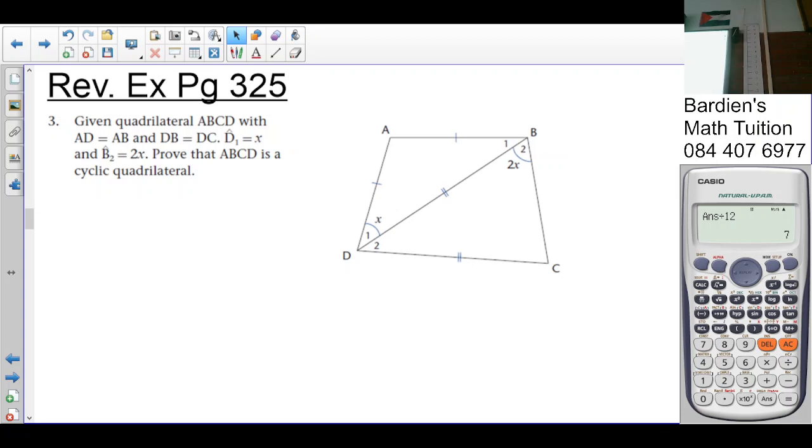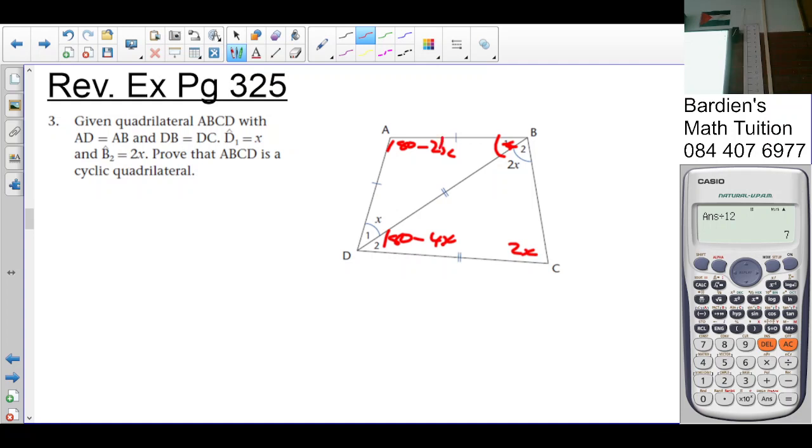AD is equal to AB, which means this is an x here. Then we are told that those two lengths are equal, so that's going to be 2x. So this is going to be 180 minus 4x. There's going to be 180 minus 2x. Is that correct? Alright. Prove that ABCD is a cyclic quadrilateral.